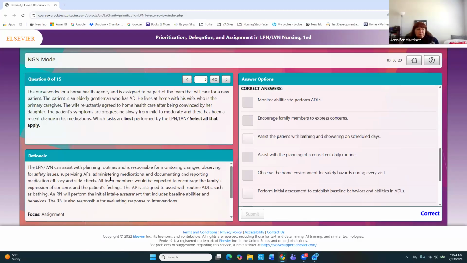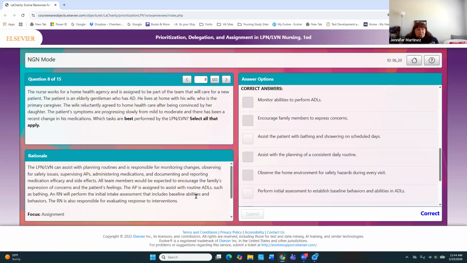The LPN can assist with planning routines, is responsible for monitoring changes, observing for safety issues, and supervising APs, administering medications, and documenting and reporting medication efficacy and side effects. All team members would be expected to encourage the family's expression of concerns and the patient's feelings.